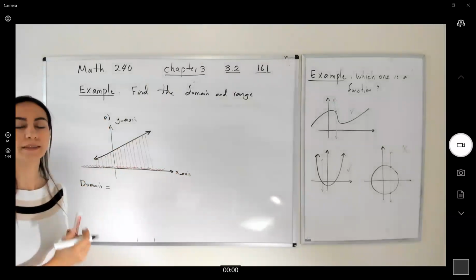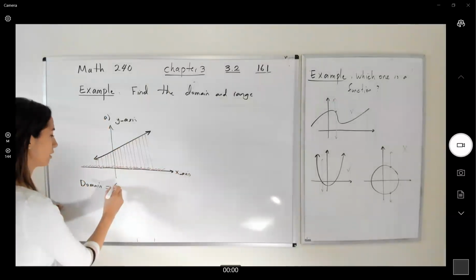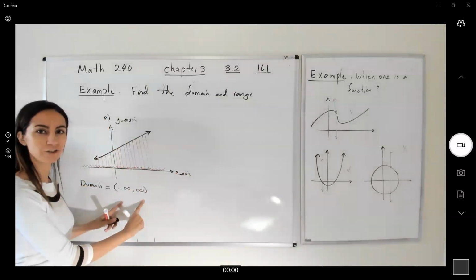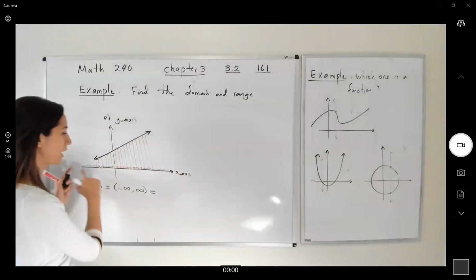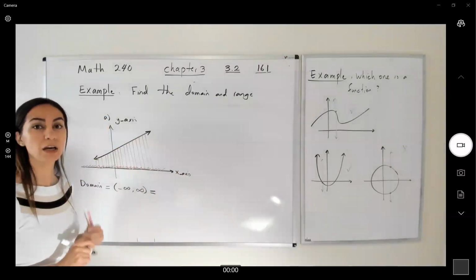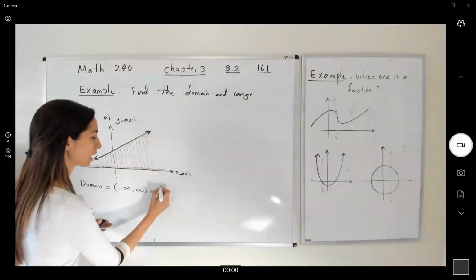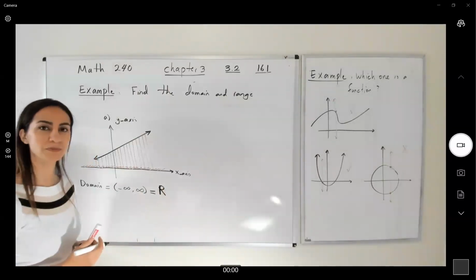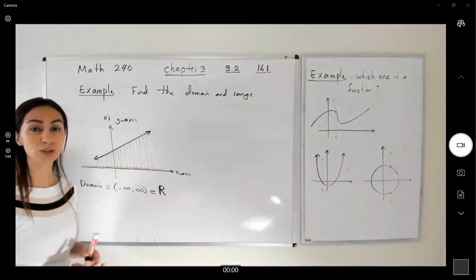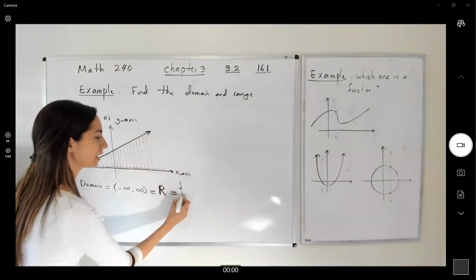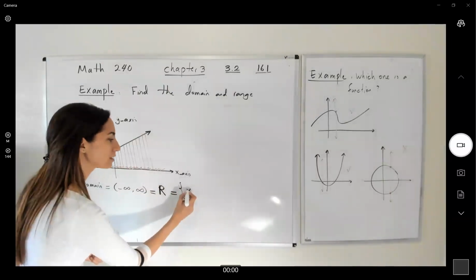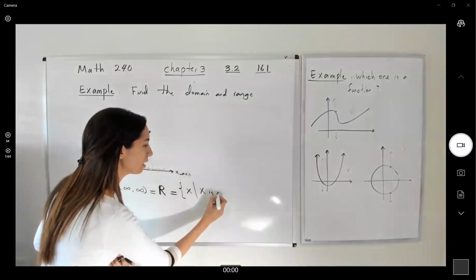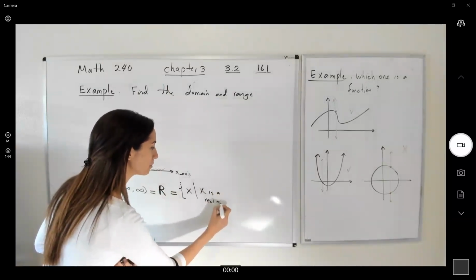You can leave it in interval form, or since negative infinity to positive infinity is all real numbers, you can represent that by R, real numbers, or you can use set notation: the set of all x values such that x is a real number.